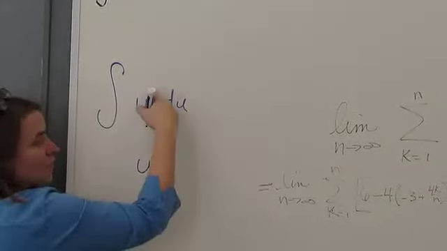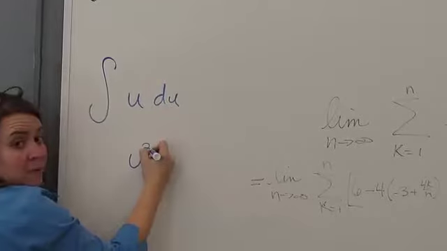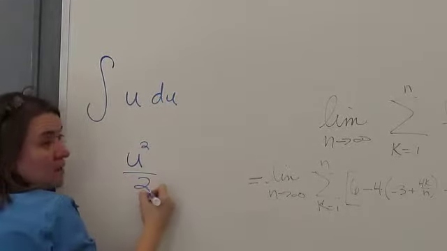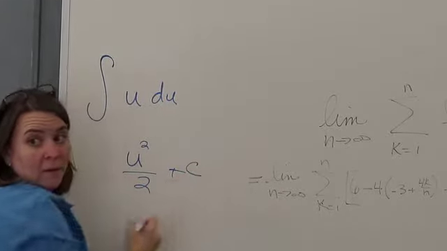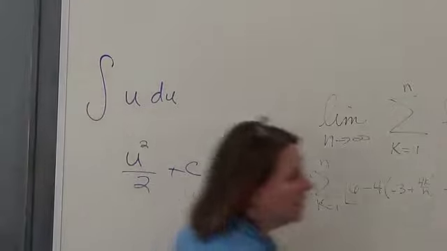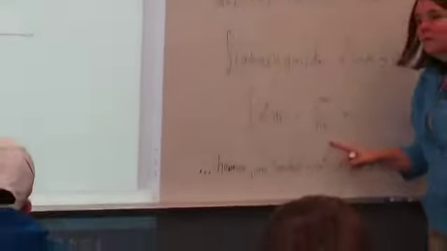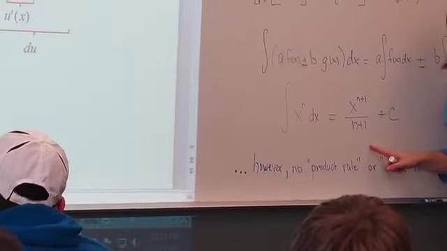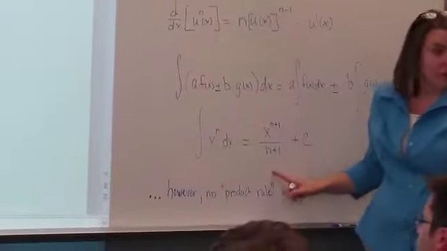So this is u to the first. I go up to a power and divide by the new power. It's the count of up to a new power divided by the new power.